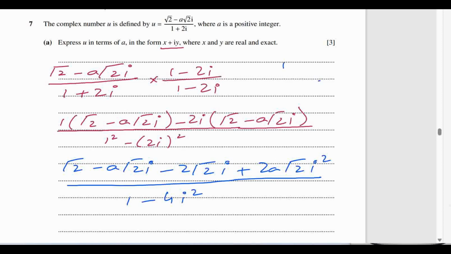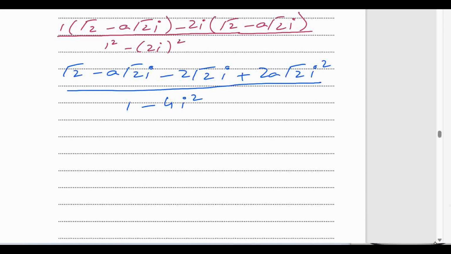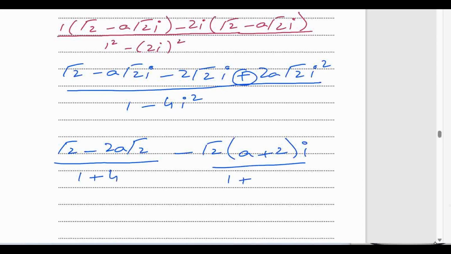Now as we know that i square is equals to minus 1, which means this will become square root of 2 minus 2a square root of 2, then we can take minus square root of 2 common, so this will be equals to a plus 2i whole is divided by 1 plus 4.